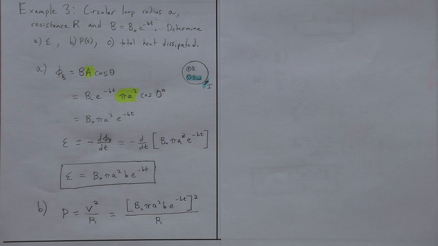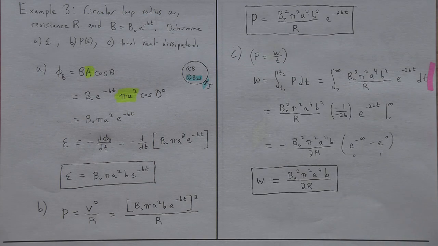Next, the power. Power we could use from circuits, V squared over R, or IV, or I squared R, any form that's convenient. Since we already have the voltage, let's just square that and divide by the resistance. So here's the voltage squared divided by the resistance. Moving on.